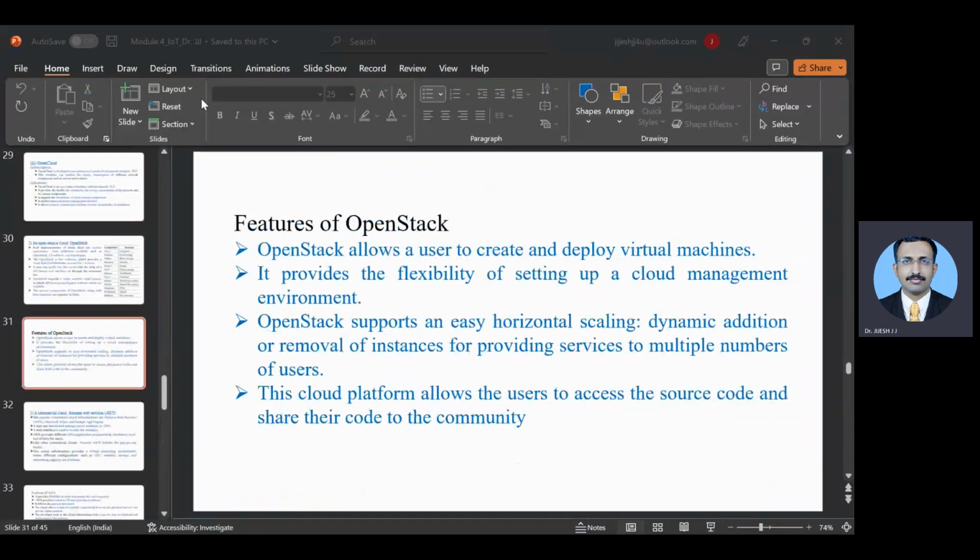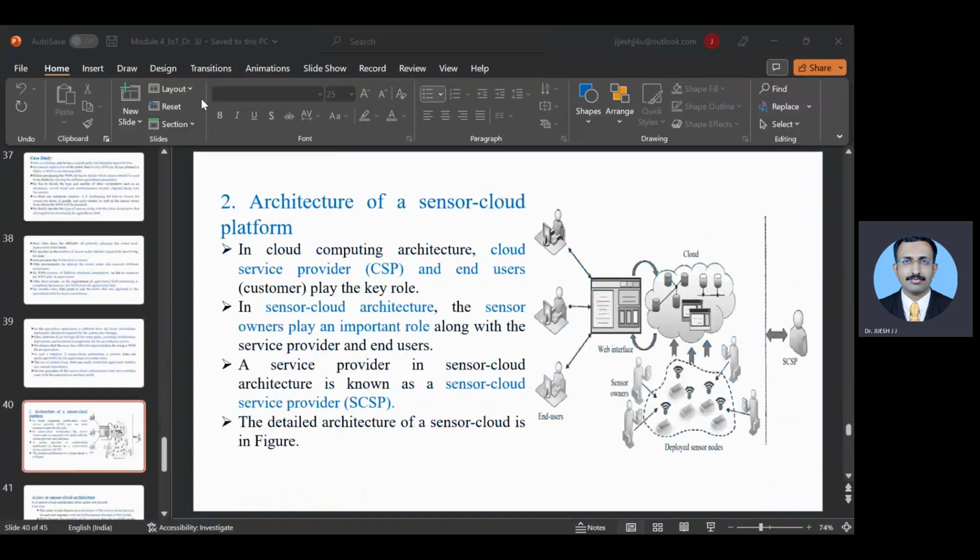We also have seen a case study where the importance of sensor cloud comes into the picture, and then we moved on to the architecture of the sensor platform.